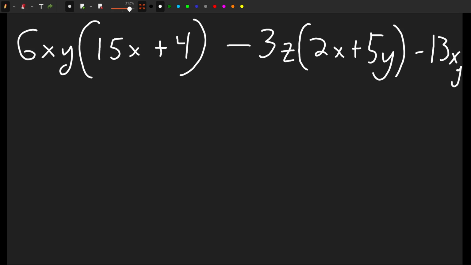I almost ran out of room there. That is 13xy there.